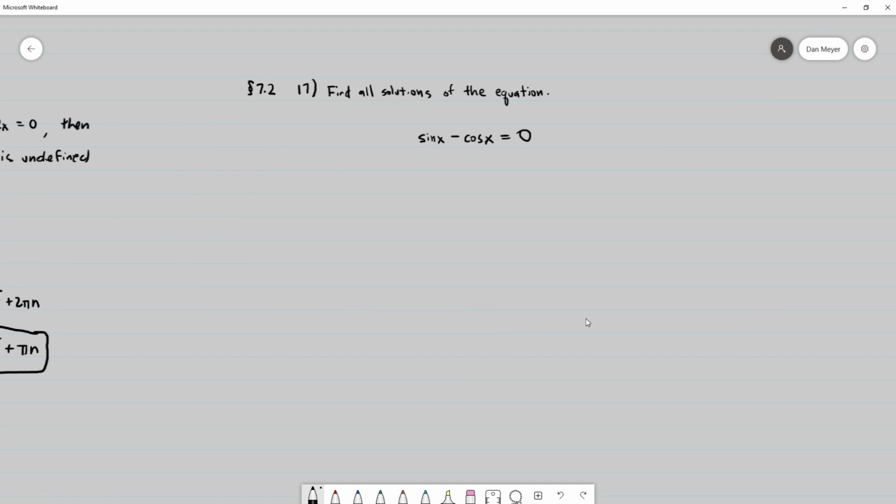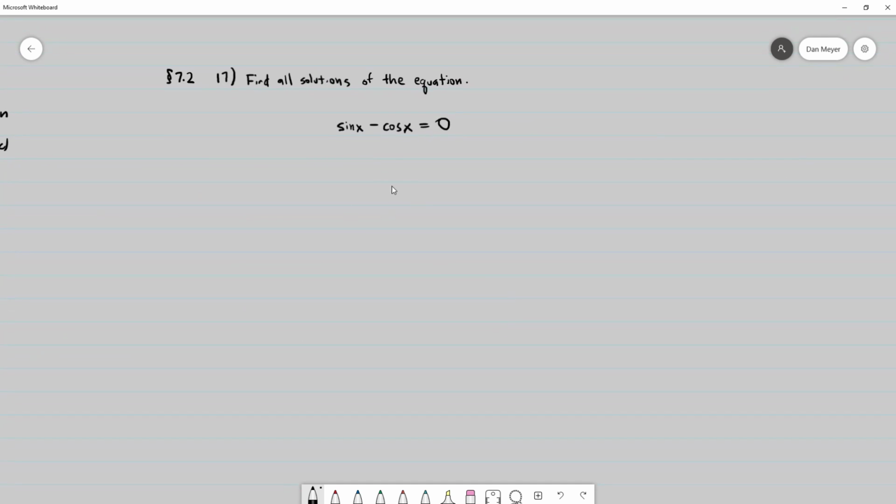On to 17, find all solutions. Now here's one where we can maybe get some of the job done without pushing symbols. Sine of x is equal to cosine of x. And rather than thinking about where does a trig function equal a number, we can think of where are these two trig functions equal. And you can look at your unit circle.